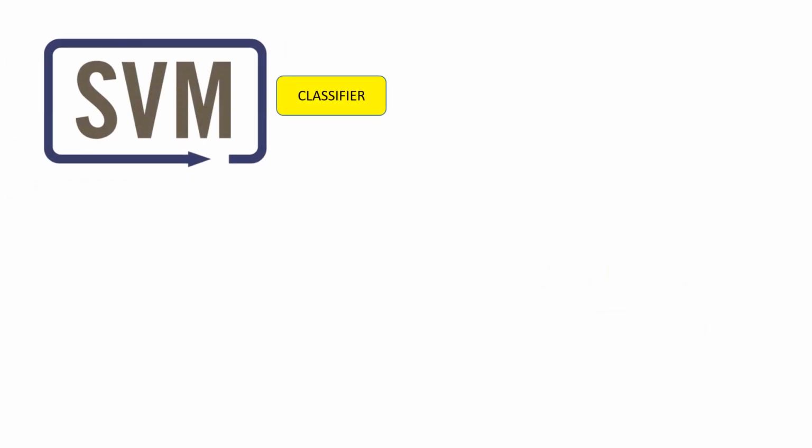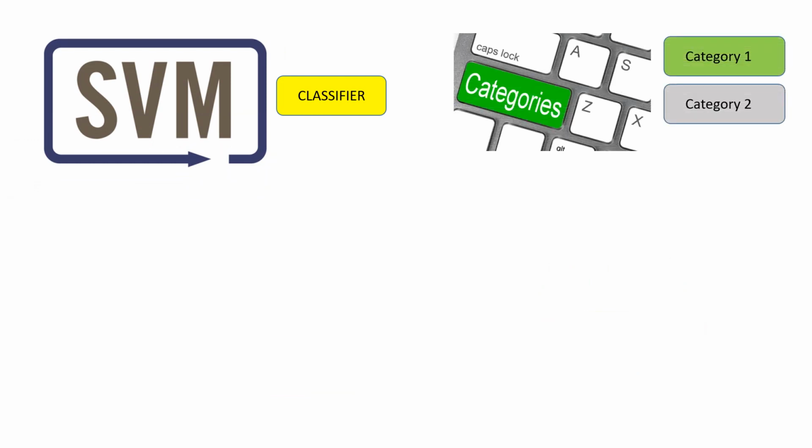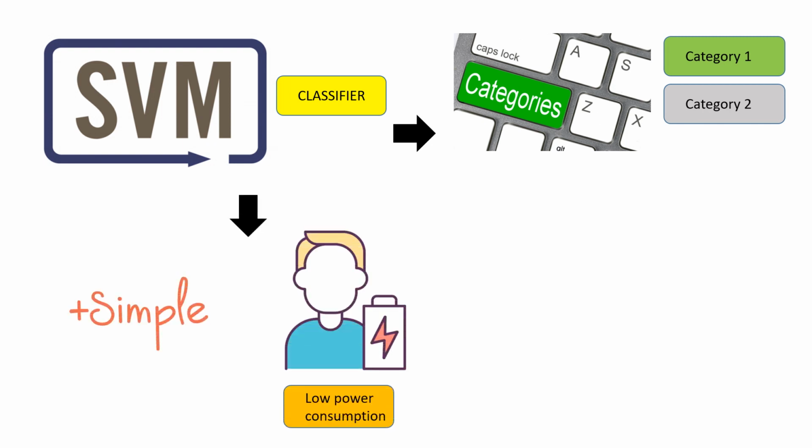So talking about SVM classifier, SVM is one of the most simple and effective methods for classification. SVM is an algorithm basically which has high accuracy and it consumes less computation power. Computation power is again one of the major concerns when it comes to machine learning algorithms.